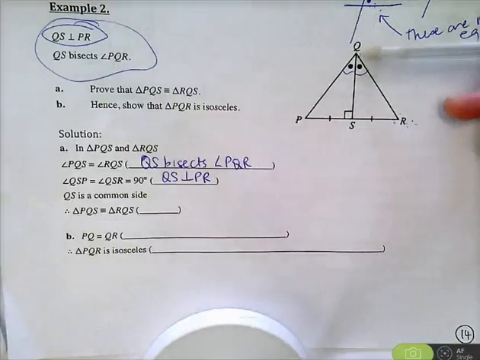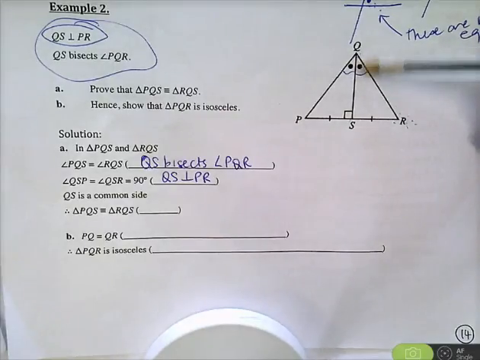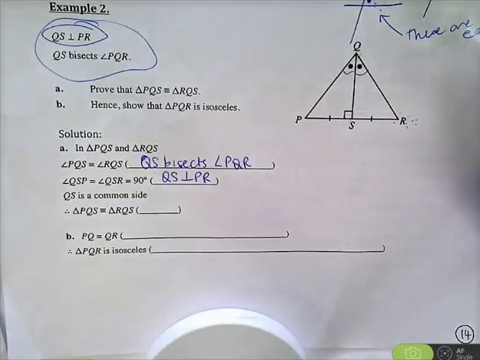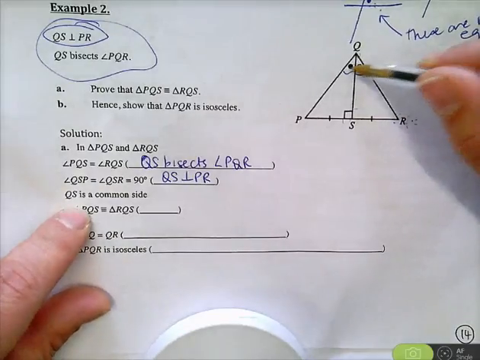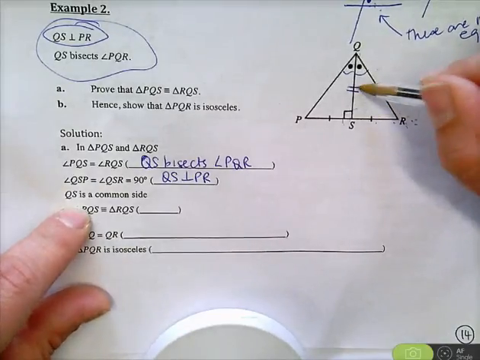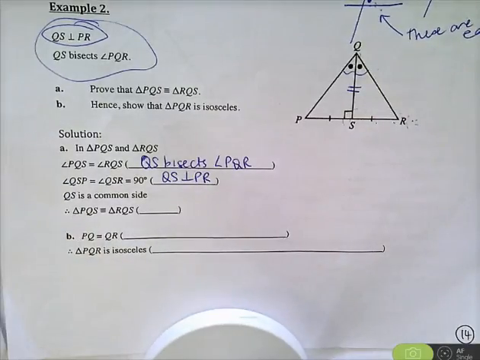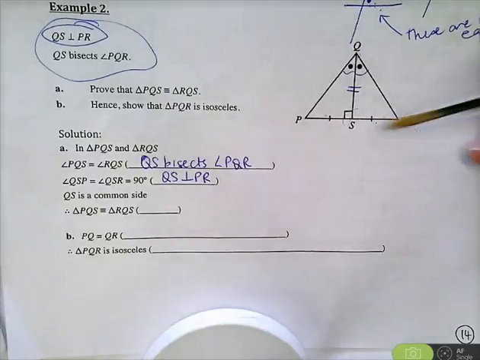When we're told that QS is perpendicular to PR, it means that those two intervals meet at right angles. You only need to put the right angle symbol on one side, all right? Okay, we also know that QS is a common side. So we've got the angle, we've got this. I'm going to put QS as a common side with a double dash. I can't use single dashes because they're already used down here.